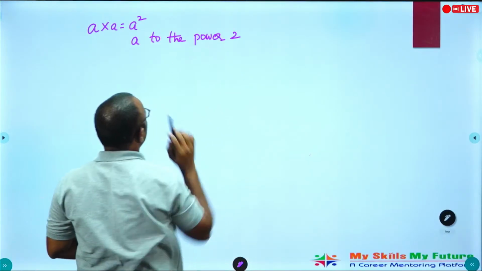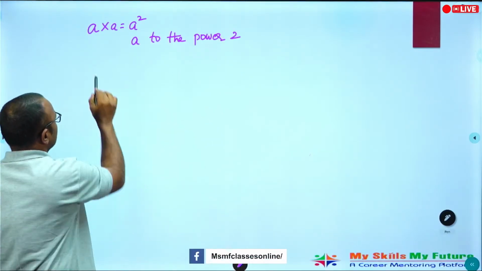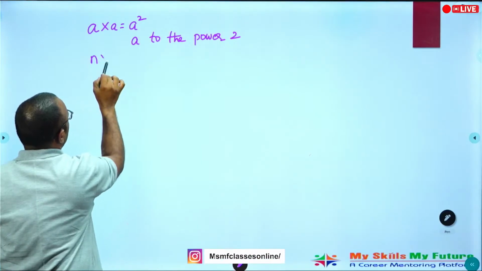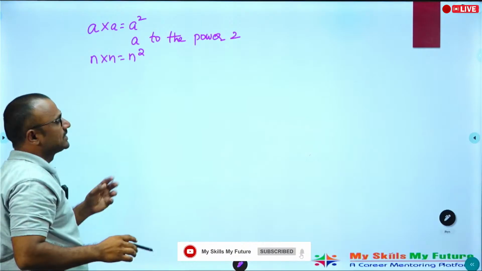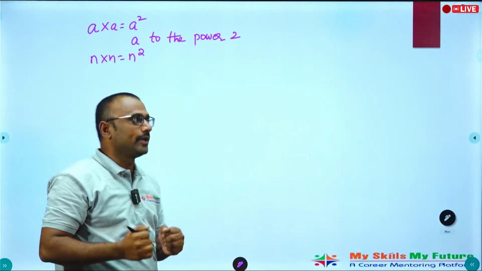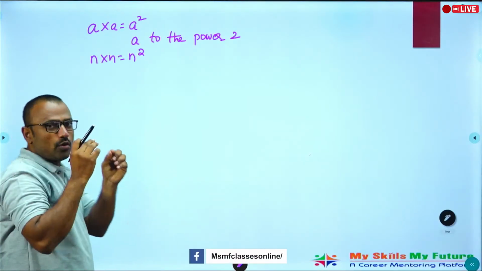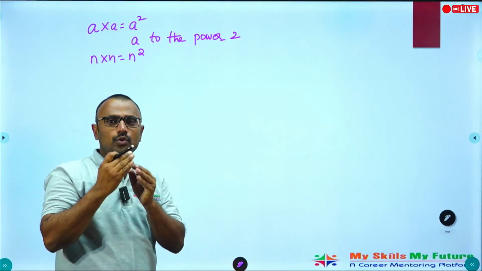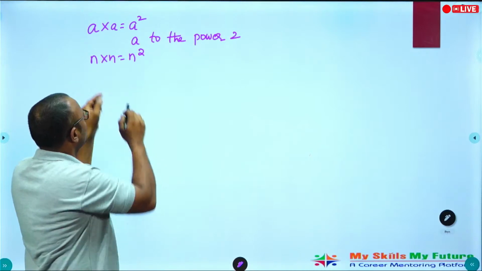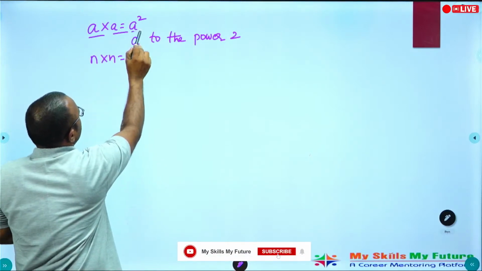Suppose we have n into n, we get n to the power 2, which we call n square. So a into a is equal to a square.